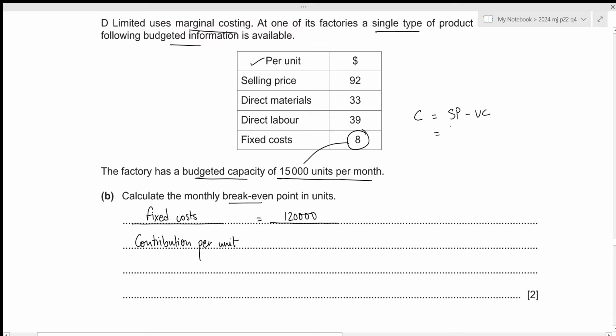In this case, the selling price is given to be 92, and the variable cost will be direct materials and the direct labor. So minus 33 minus 39. This results in the contribution per unit of 20. So our break-even point will be 120,000 divided by 20, which is 6,000 units. That is all for the second part. Let's move towards the next one.